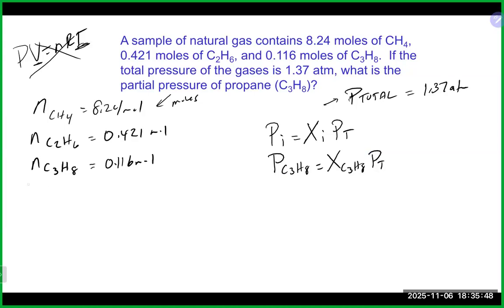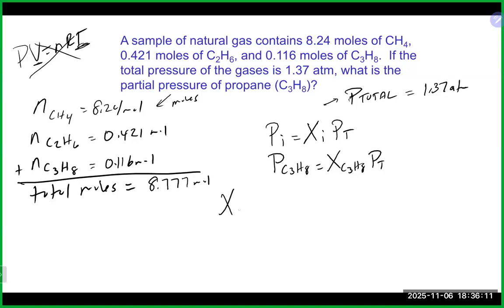So first thing we could get here is our total moles by just adding them together. 8.24 plus 0.421 plus 0.116 gives us 8.777 moles. And here we're looking for our mole fraction for propane.